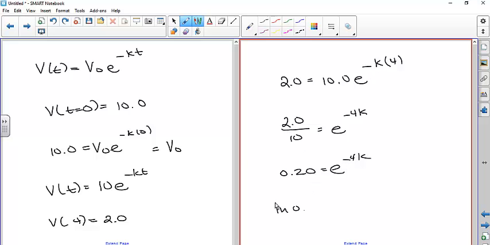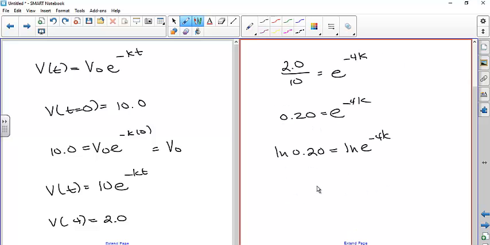Take the natural log of both sides. So the right-hand side just becomes negative 4k, and the natural log of 0.2 is negative 1.609. So if you divide both sides by negative 4, you get k is equal to 0.402.